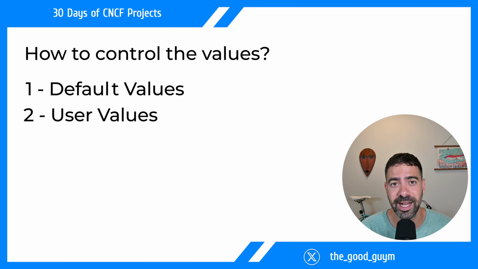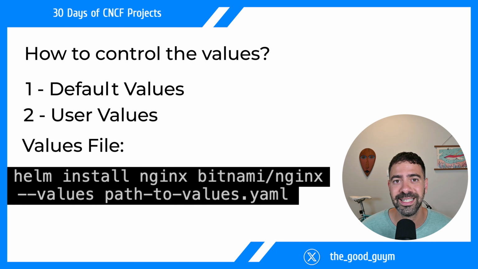And we also have the third capability, which is also user provided values, but we can create our own file and use the values in the file. So in the command, we will reference a file and the file will hold all the values. So if we need to change one or two parameters, we may do it inline using the command line. But if we have a complex values configuration, we will do that using a file that we can save in Git, and that will be the easiest way to maintain it.